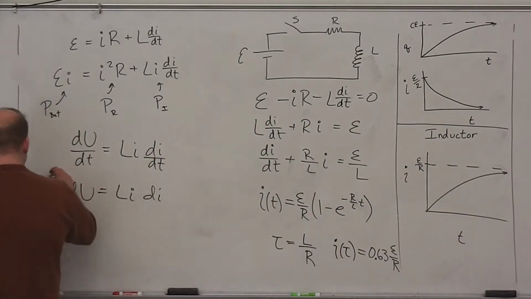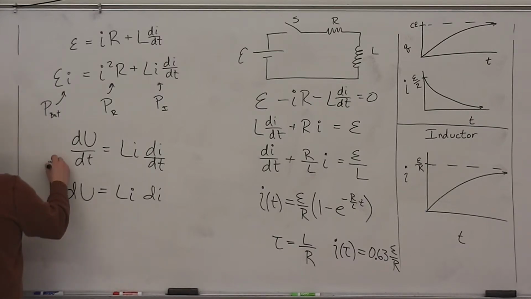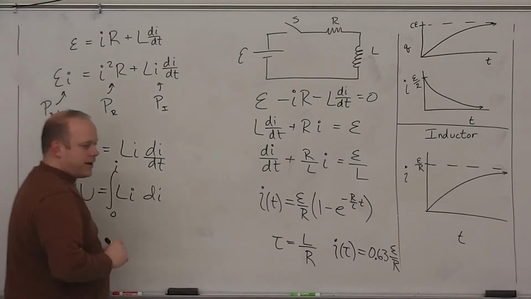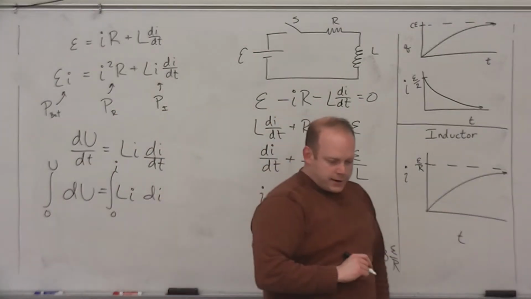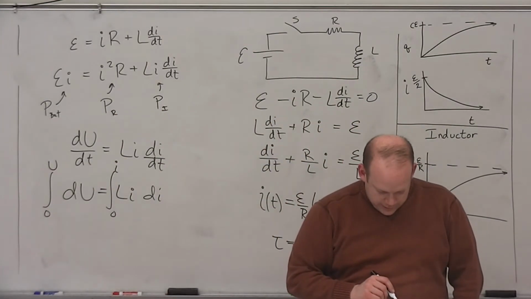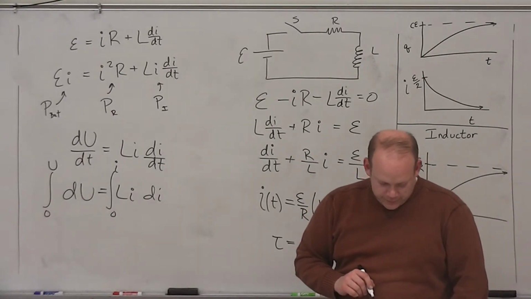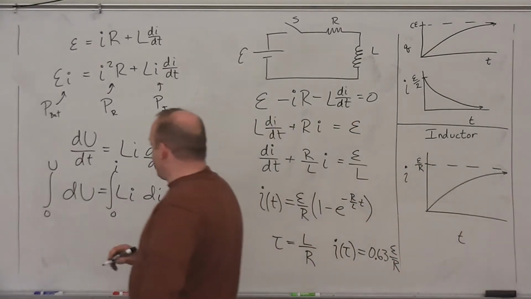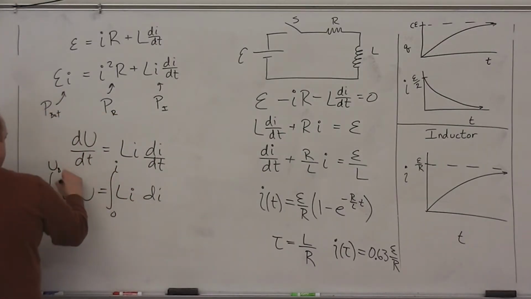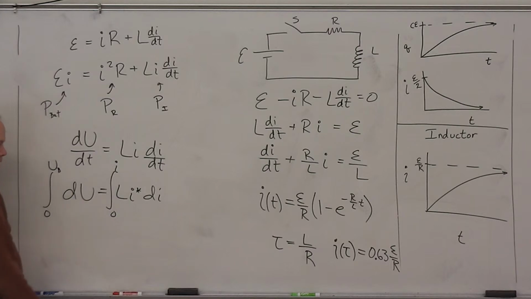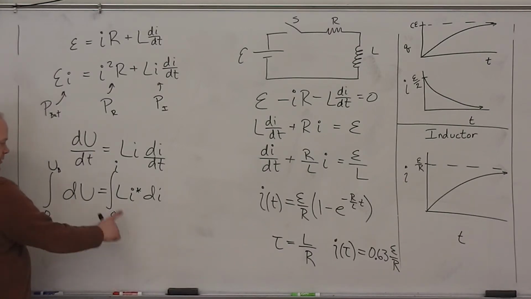We're going to integrate 0 to u, 0 to I. I think your book actually calls it UB, and you're not supposed to put I in there, but it is what it is. This will be UB, the energy in the magnetic field, and I is the current in the circuit. I'll call this I star to make math teachers happy.